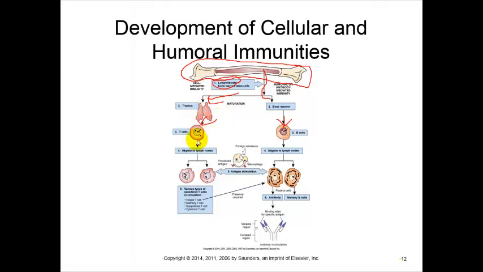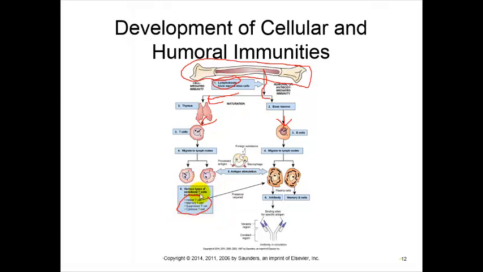They both migrate to the lymph nodes in the lymphatic system, and if they encounter an antigen, they will become one of the four types of T cells.